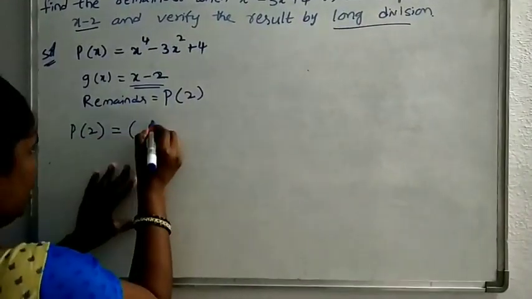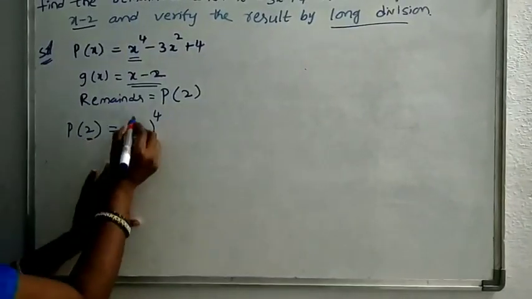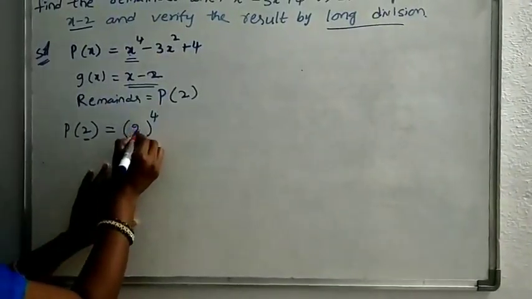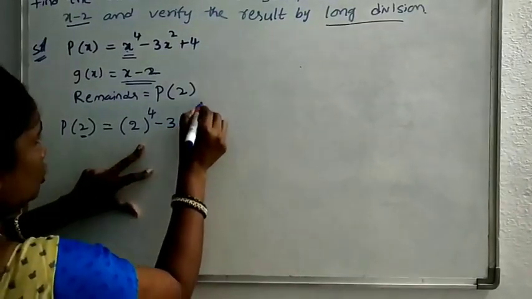So, in the given polynomial, instead of the variable, we have to write 2. So, x power 4, that is 2 power 4, minus 3 into x square.